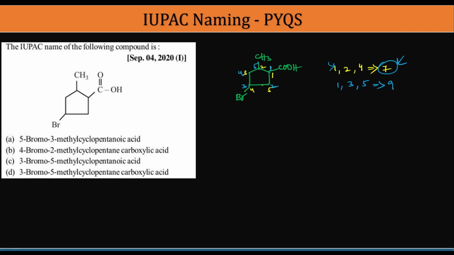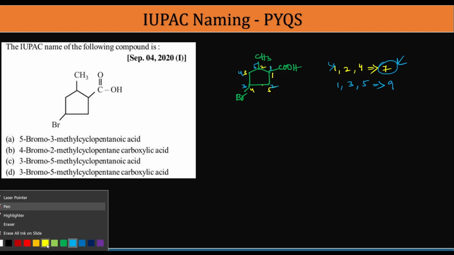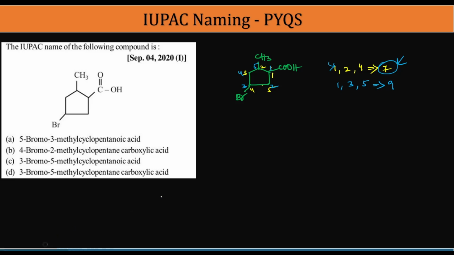So what you'll get? Now you can write the name. We have decided the numbering what we need to give. We are following the yellow color numbering. Okay, how can you write the name now? Bromo, B comes first, then methyl, right? So 4 bromo, then 5 methyl, 5 methyl cyclo.